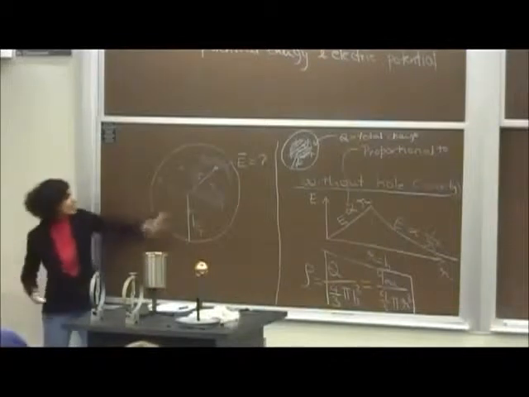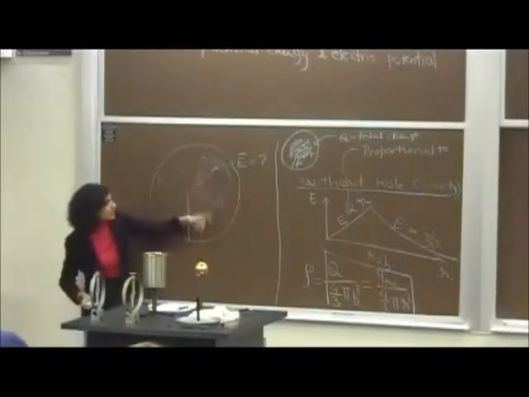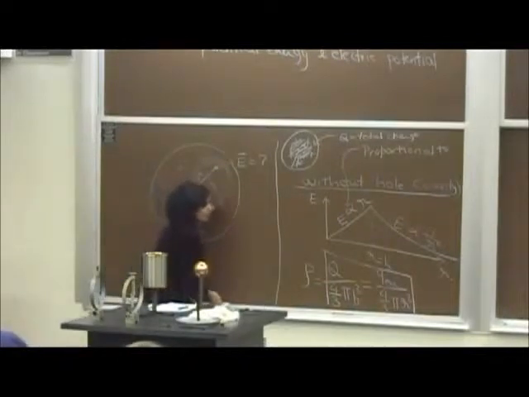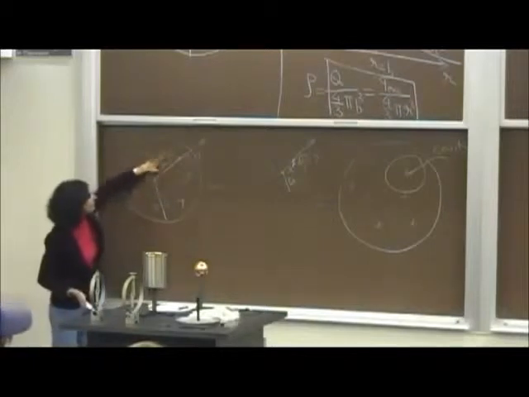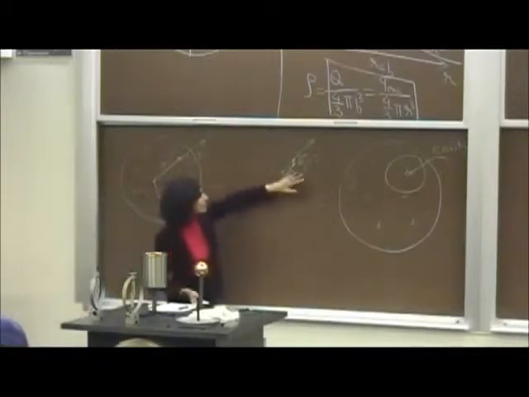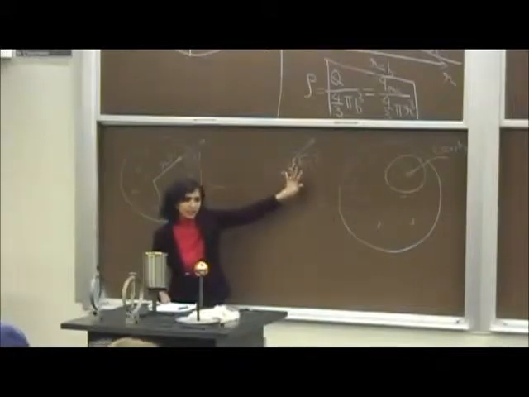Because first we'll find it due to all the charge as though there was no cavity, and then we will subtract from it. So we'll find it as though there was no cavity here, and then we'll subtract from it the case where we are getting rid of the charge in the cavity. Do you see what I'm saying?